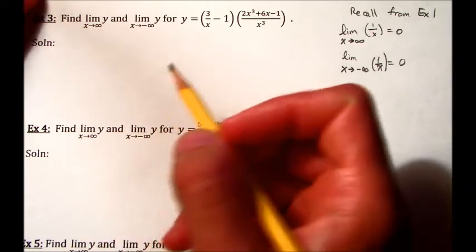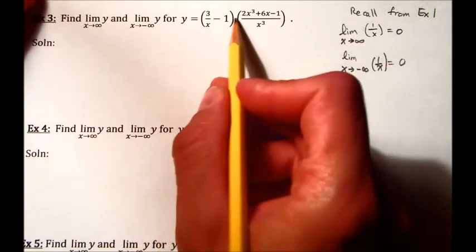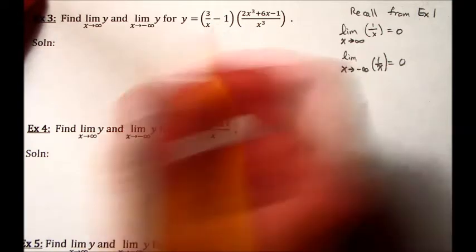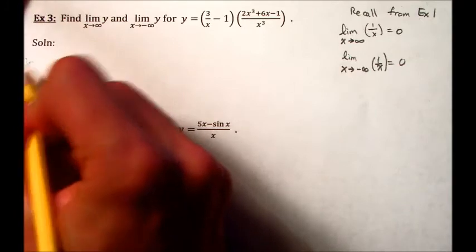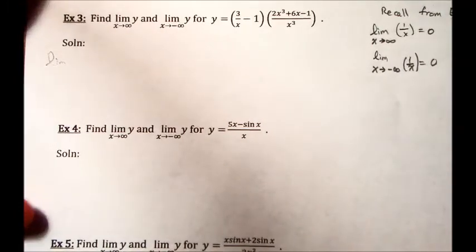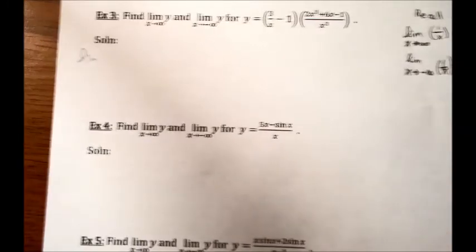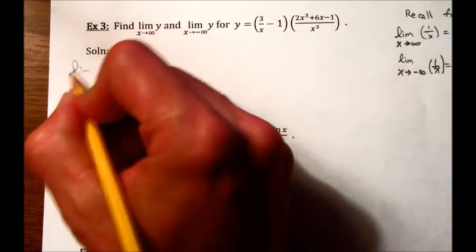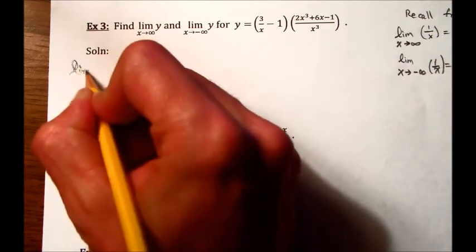So if you recall the rules, we can actually take a limit of a product by doing the product of limits. So instead of working with the actual product, let me move this over here. Okay.